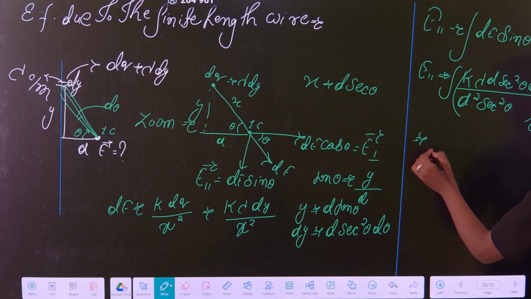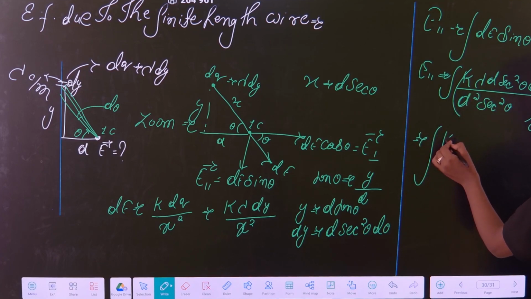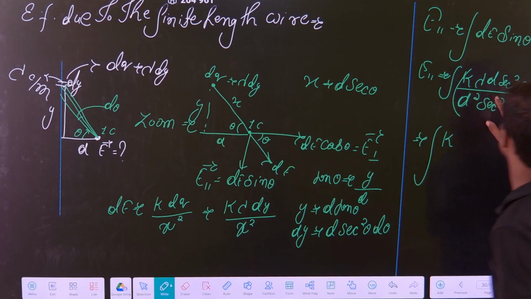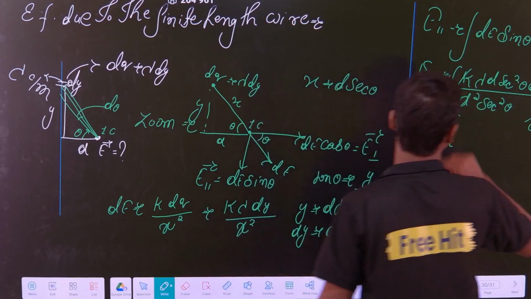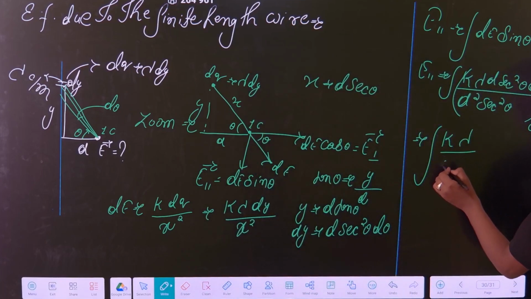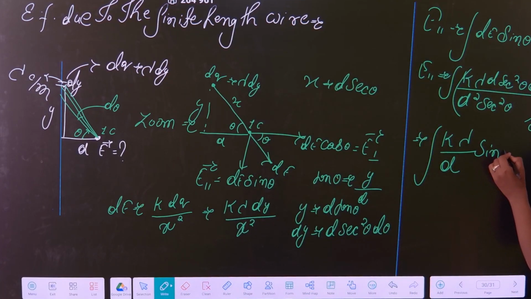So what you will get? You will get integration of K lambda, see, sec square theta will cancel out, one d will cancel out, you will get K lambda by d into sin theta d theta, correct?